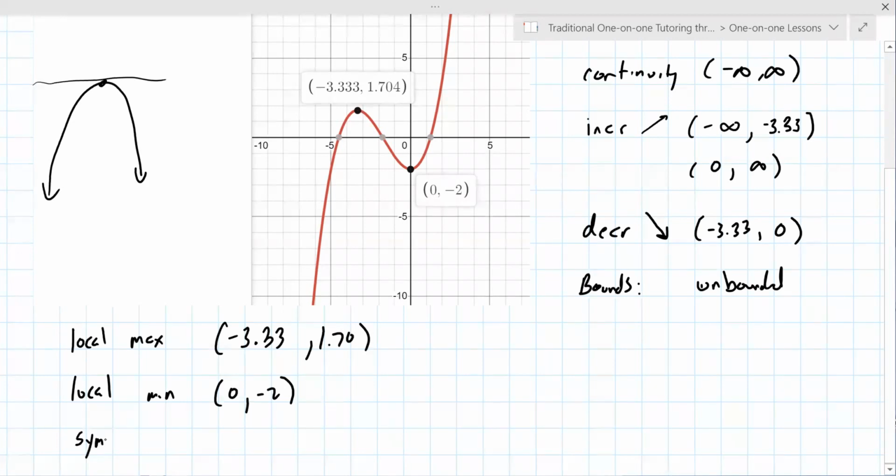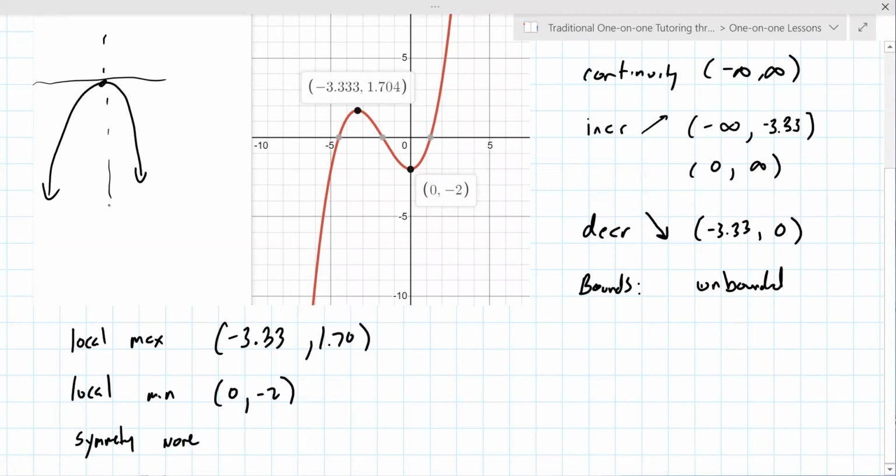Symmetry. So symmetry, this one doesn't have any, so none. And if there was symmetry, how would it be asked? Like, would you say vertical or horizontal?